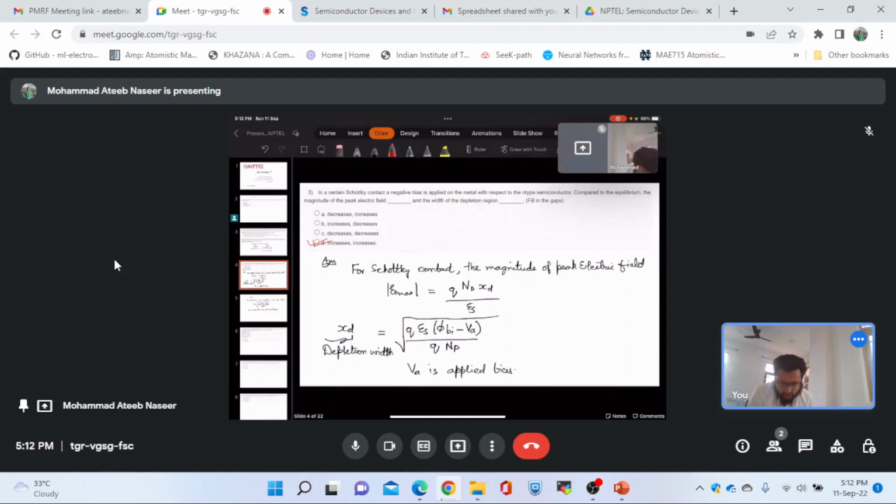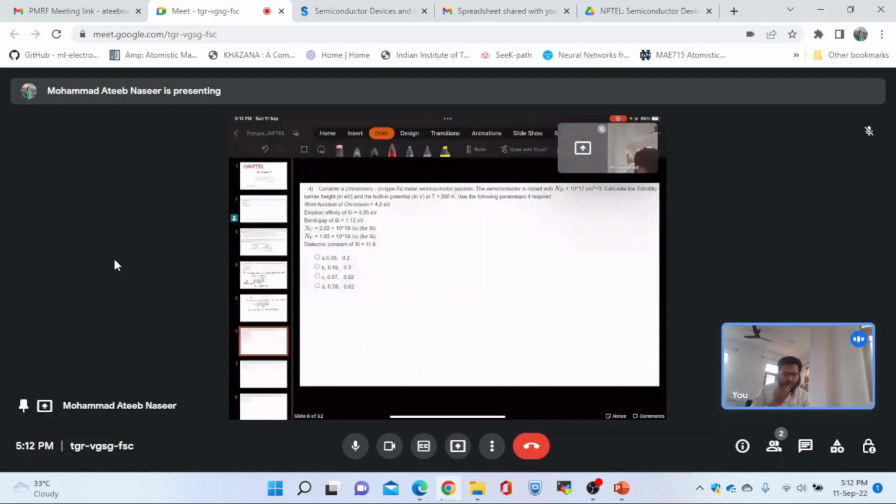Now let's move to another problem. It says that we have been given some metal, which is chromium, and this metal is in contact with an n-type semiconductor, and it forms a metal semiconductor junction. This semiconductor is doped with a doping concentration of 10 to the power 17 per centimeter cube.